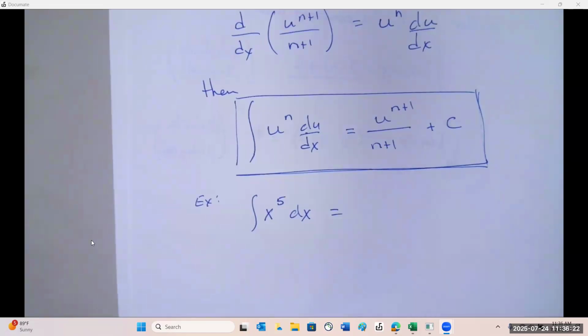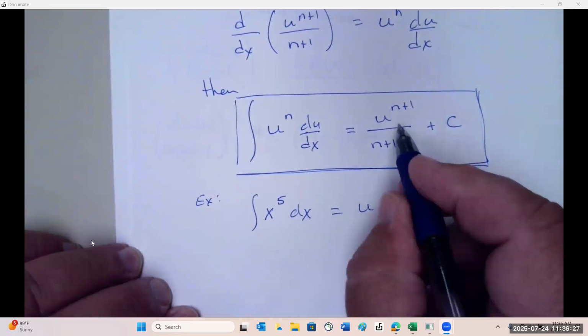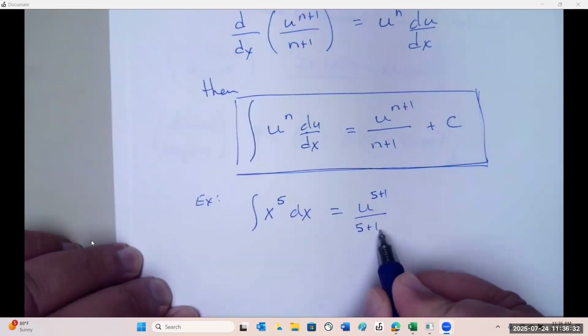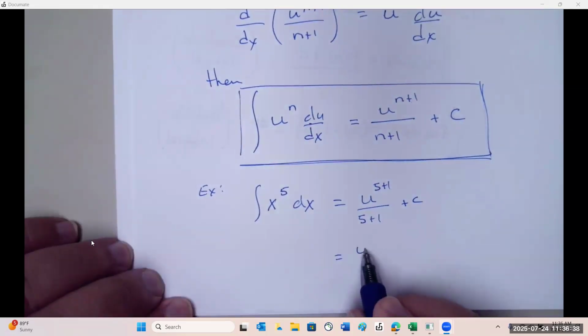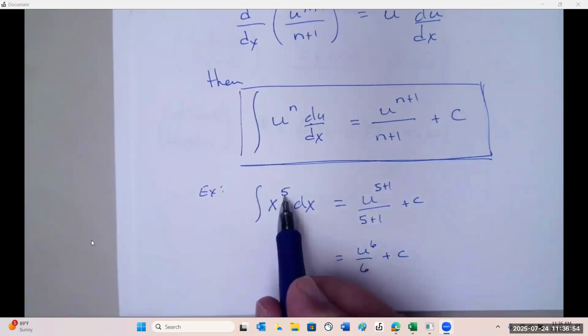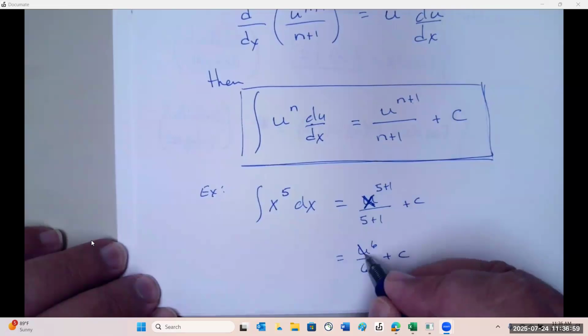Using this formula, it'd give me x to the n plus 1, so it's 5 plus 1, over 5 plus 1, plus c. So it gives me x to the 6th over 6 plus c. You see the formula we're getting to when we do integrals of exponentiated terms. It should be x, I'm sorry, not u.